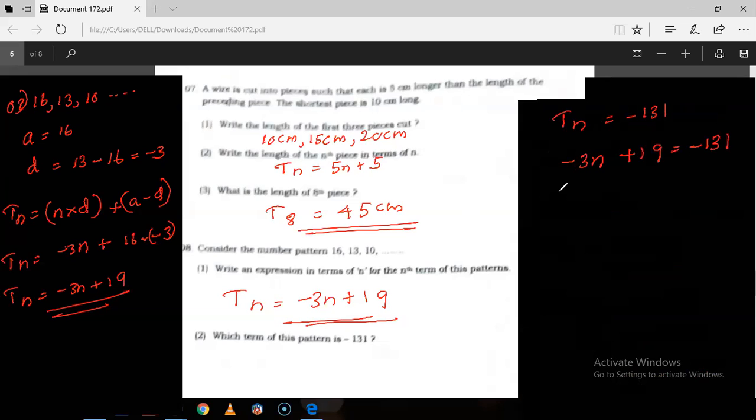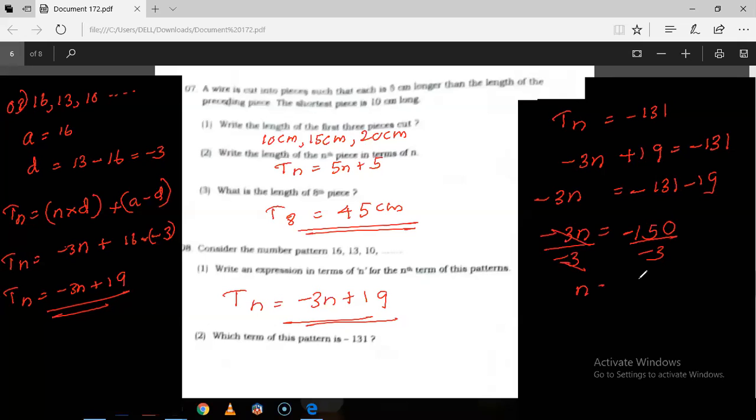Minus 3n equals minus 131 minus 19. That is minus 150. Both sides divide by minus 3. n equals 50, positive 50, right?